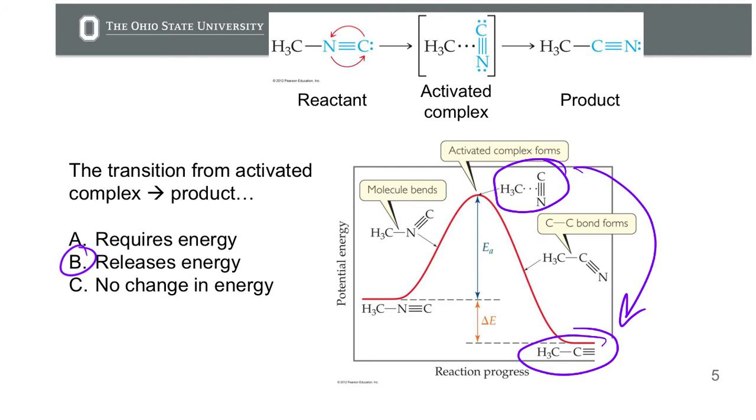And just like when we were talking about enthalpy for a solution, forming a solution, we have a difference in energy, delta E, that corresponds with an enthalpy. And in this case, energy is given off once products are formed, okay? If we're looking at the difference between the energy of the products and the reactants.